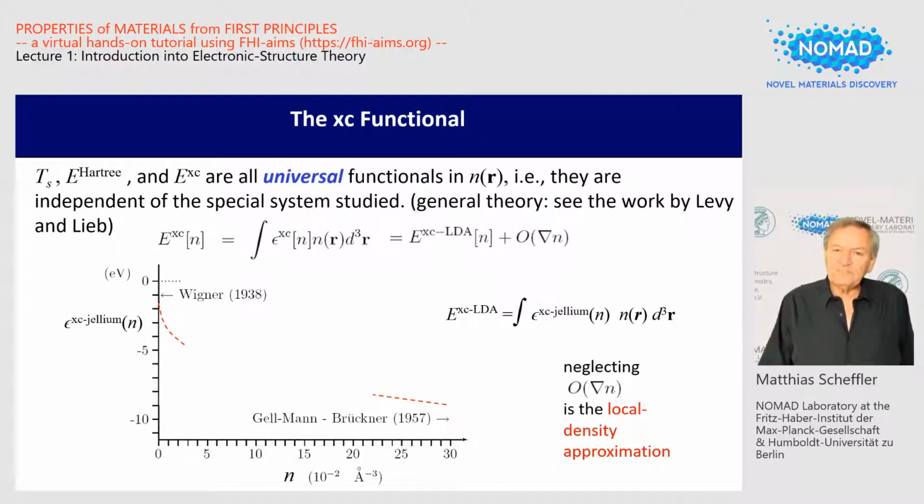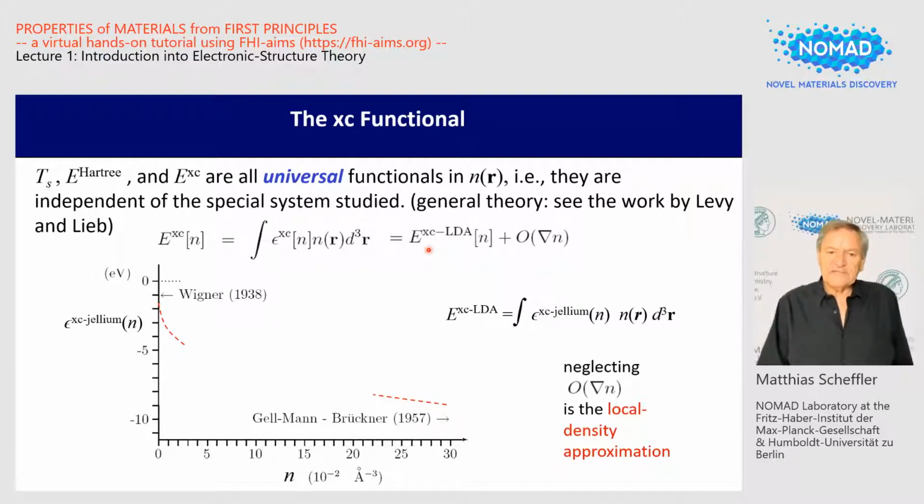In fact, even before density functional theory, there has been quite some knowledge about Exc. Now you can write down Exc as an integral over the exchange correlation energy per particle of a given density times n of r, integrated over r. So this is exact. And then you can make a series expansion where you say, I make an expansion around constant densities and then correction terms.